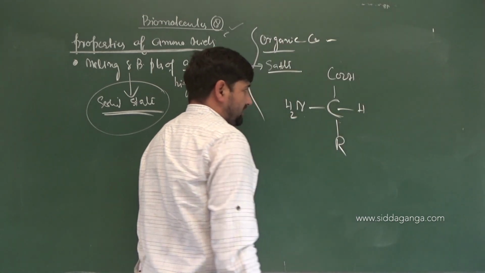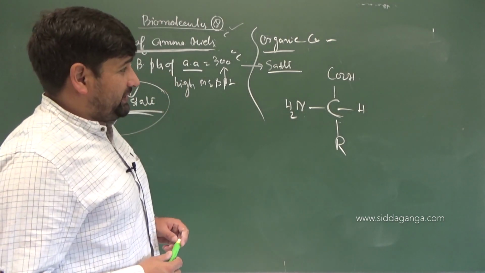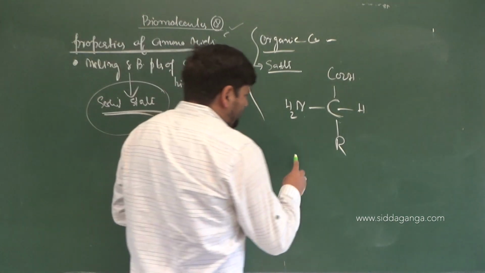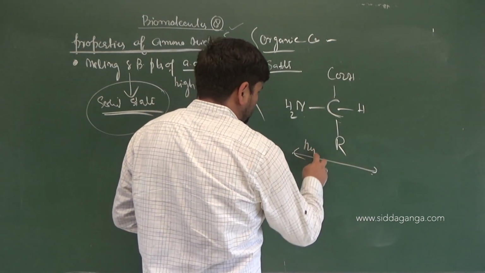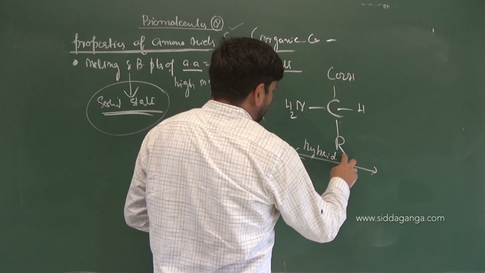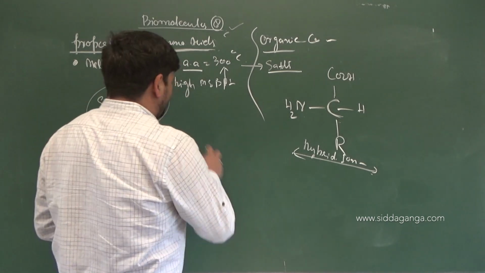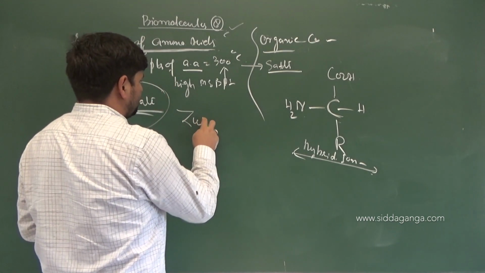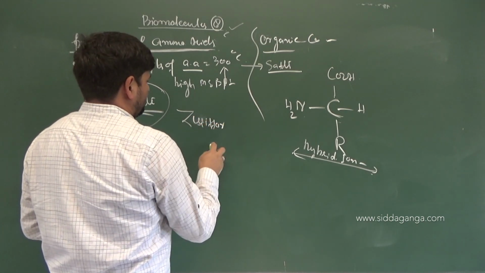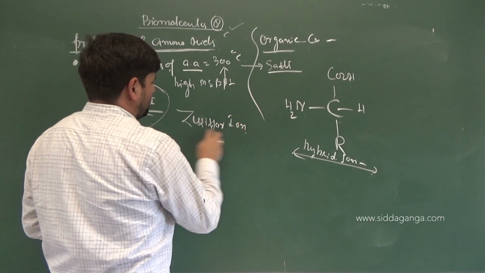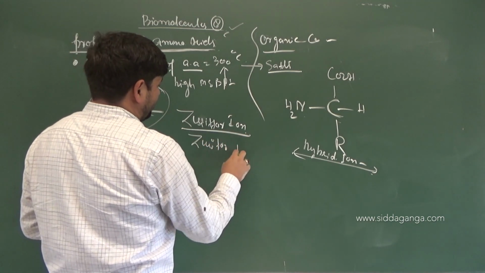I'll write down side chain R. All these properties are explained by the presence of the amino acid in the form of a hybrid ion, which in the German language is called a Zwitter ion.